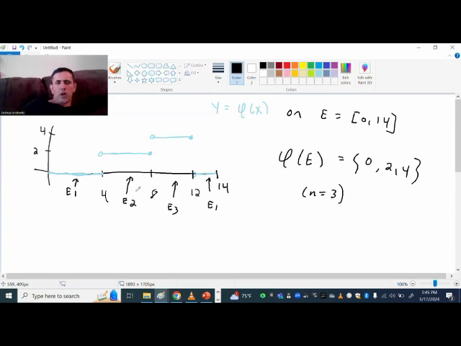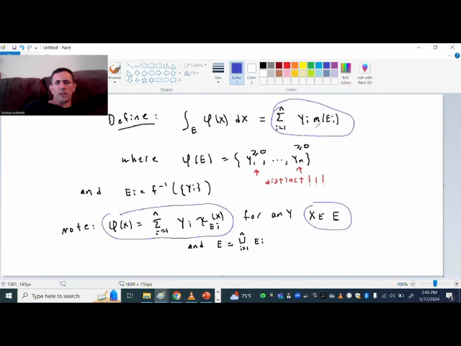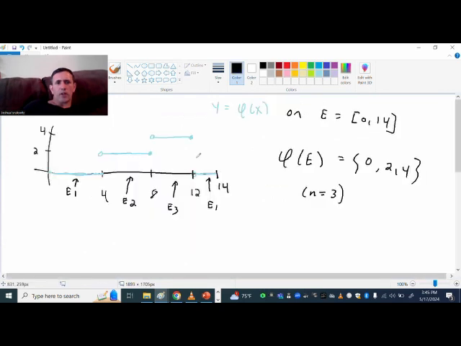Okay, so obviously the sum here is going to be the area of these rectangles. So I'll draw these dotted lines here. First of all, there's no area because y is 0 on E1.